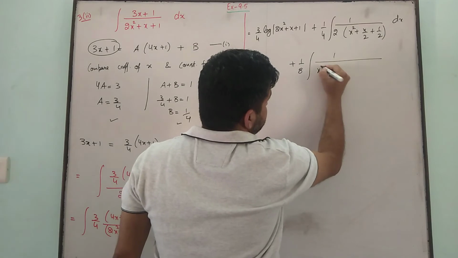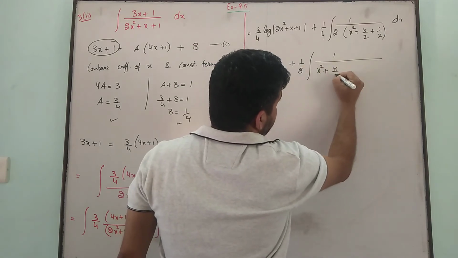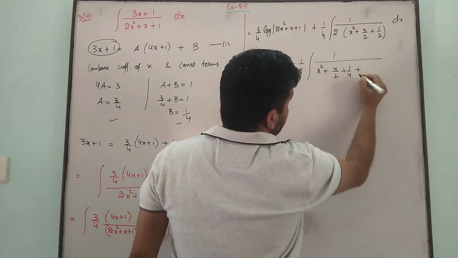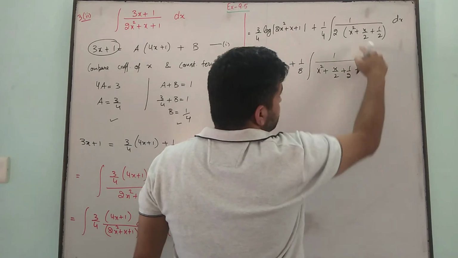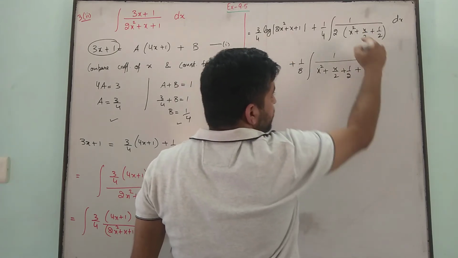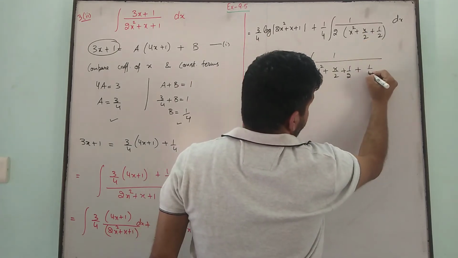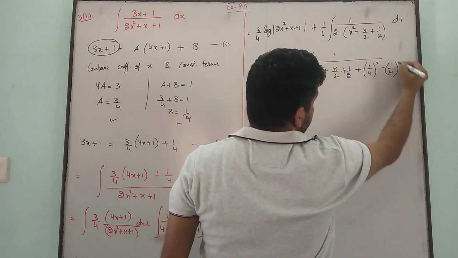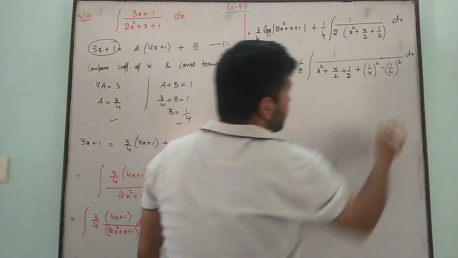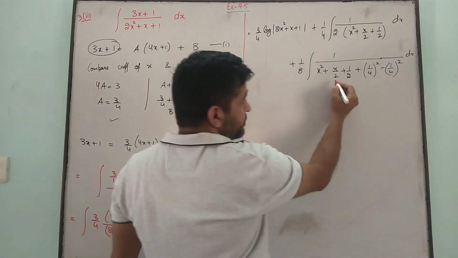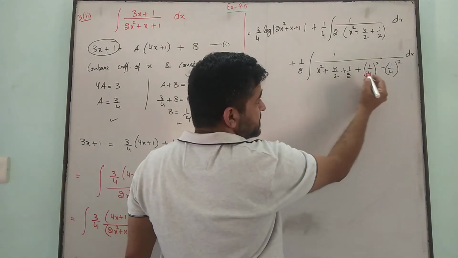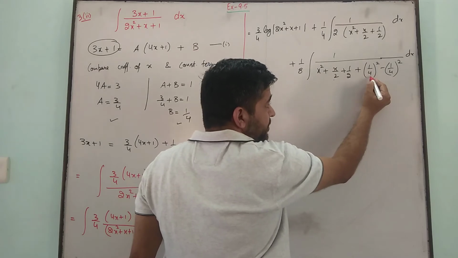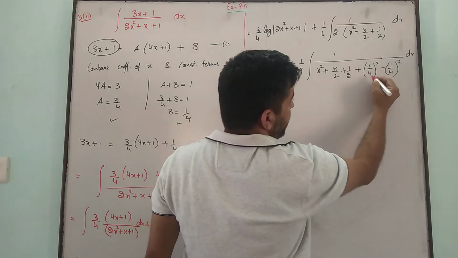The completing the square method says take half of the coefficient of x, that is 1 by 2, half is 1 by 4, make its square, and add and subtract.